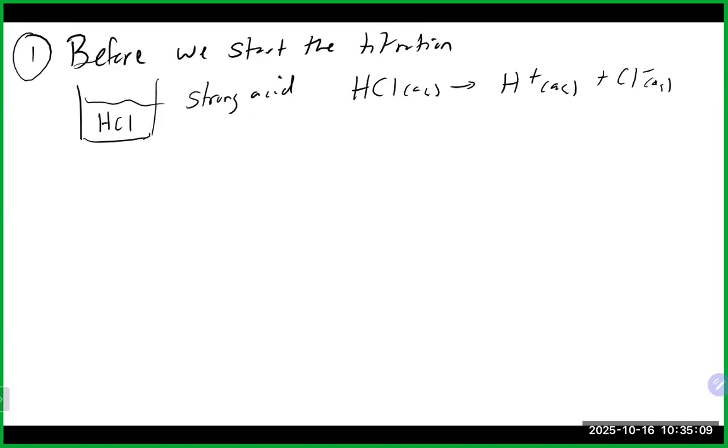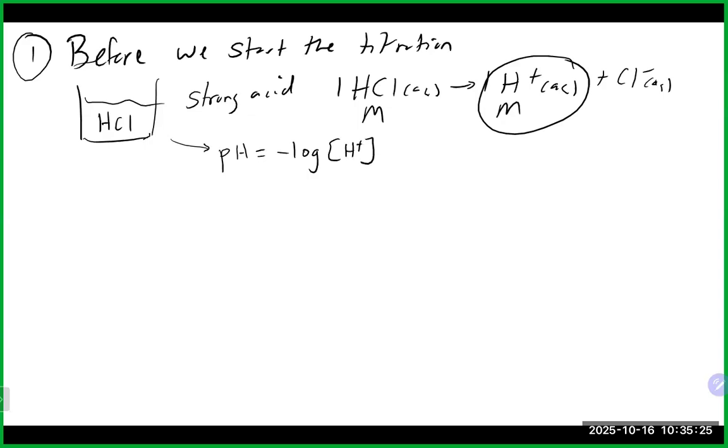If we know the molarity of the HCl, because it is a 1-to-1 relationship, it is the same for our H plus. That means that to find the pH before we start the titration, all we have to do is go into the pH formula. In a titration of a strong acid with a strong base, the initial pH is simply the pH of the strong acid you're starting with.